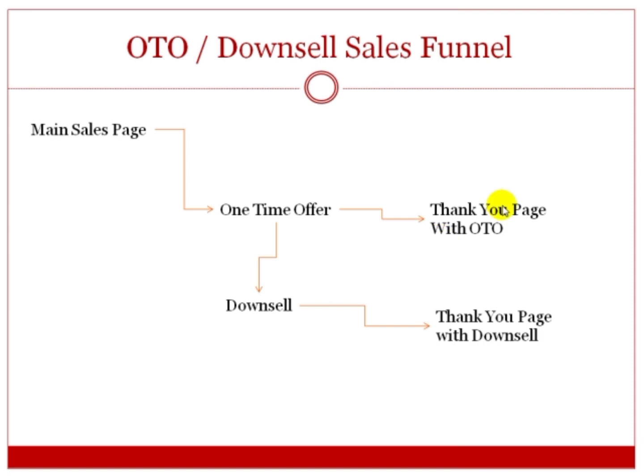You don't want to forward them to a thank you page with the OTO unless they paid for that. Now, if they click no to the downsell, then they're going to be forwarded to the thank you page with no one-time offer or downsell. So it's just going to be the basic funnel from main sales page to thank you page.